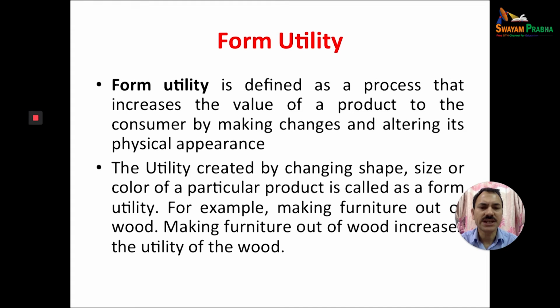The utility created by changing the shape, size, or color of a particular product is called form utility. For example, making furniture out of wood will increase the utility of wood, which is called form utility.